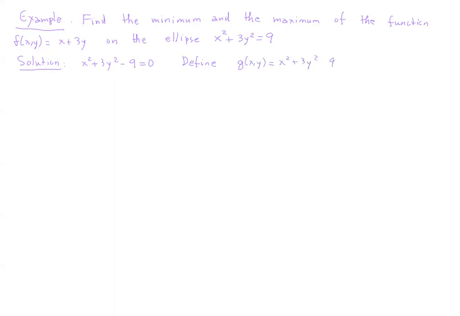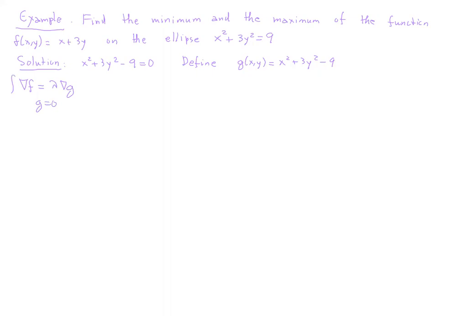So that function would give us the set on which we're interested as a level set with level value 0. So the system that the method of Lagrange multipliers stipulates is that the gradient of f should be lambda times the gradient of g, and g should be equal to 0.